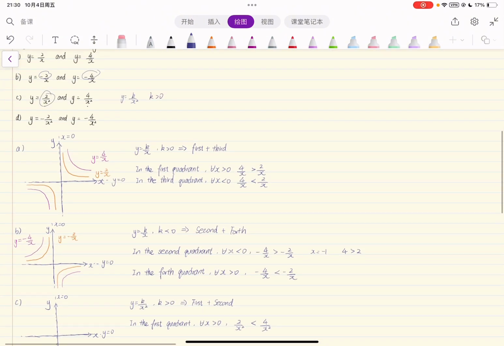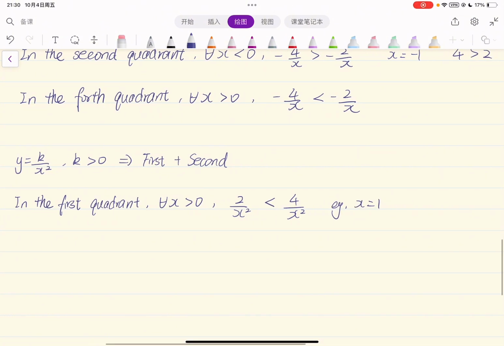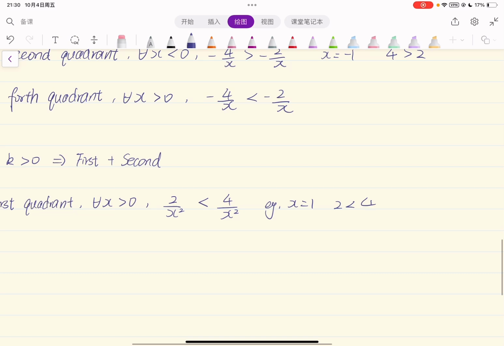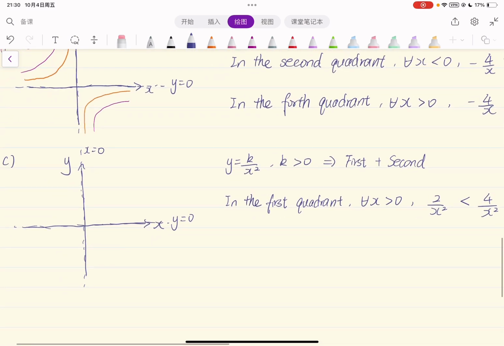So these two functions. For example, if we take x equals 1, we have 2 less than 4. So we use the orange one, y equals 2 over x squared, and the purple one, that is y equals 4 over x squared.